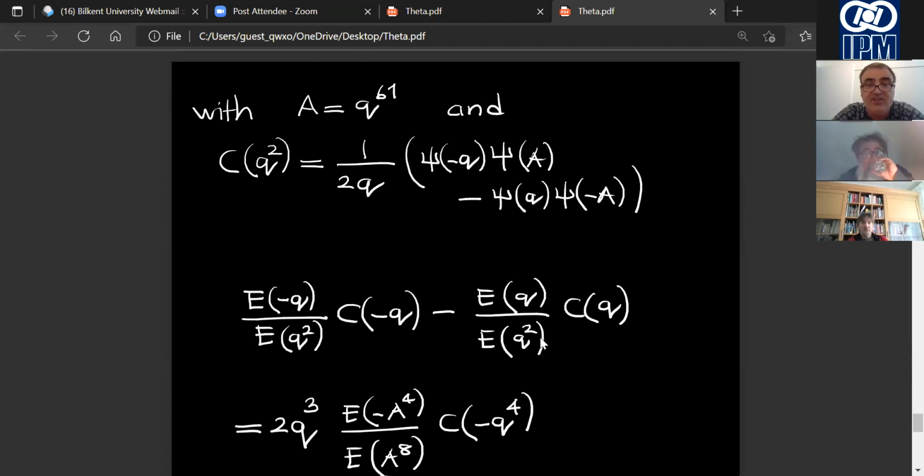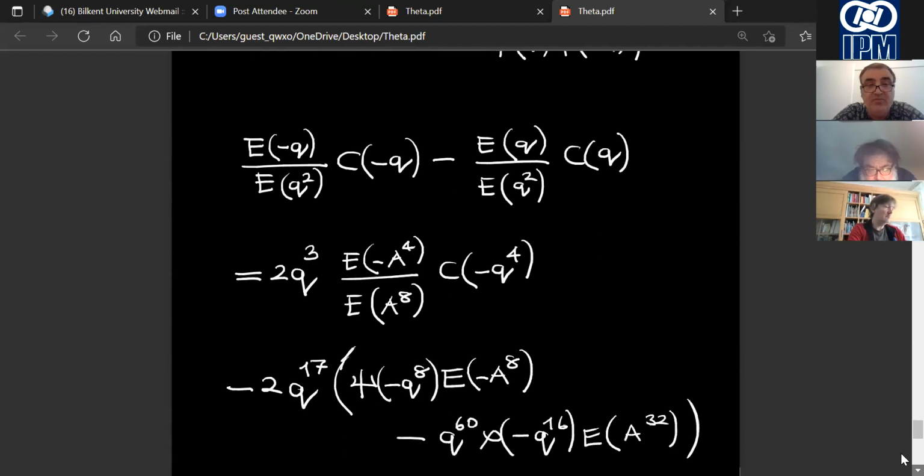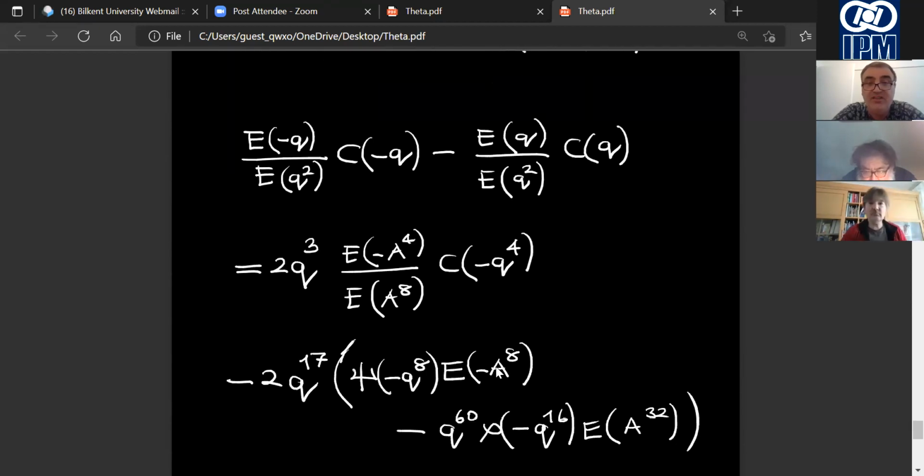This is the theta function identity I get. This is the eta quotient multiplied by this at minus Q, minus the eta quotient multiplied by this thing at Q, equals this thing at minus Q to the 4, this at Q to the 4. Again, A is Q to the 61 for simplicity, plus these two terms as well.